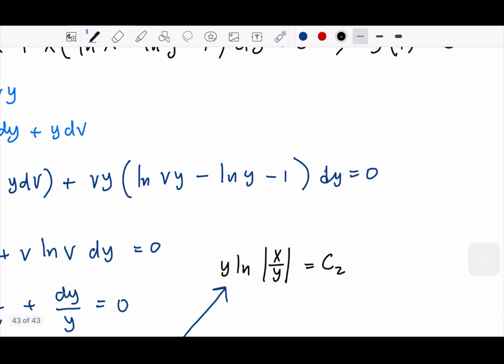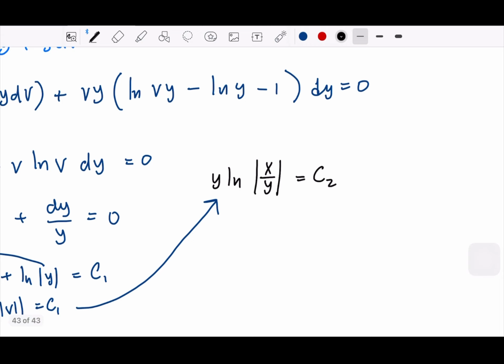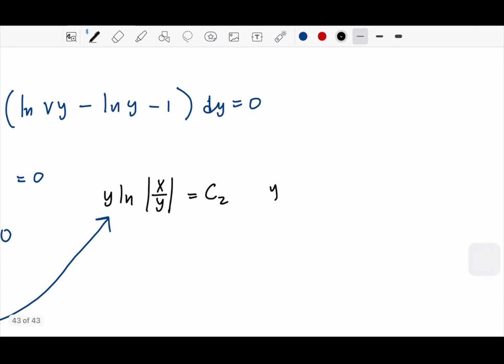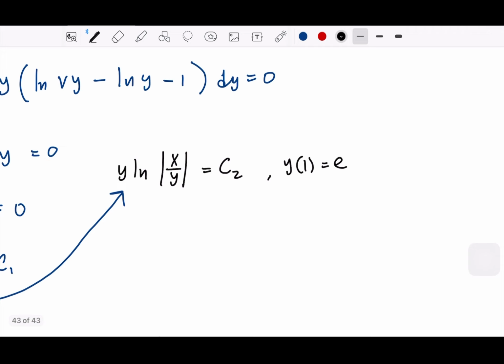Initial value is e. So we can connect this. So e ln 1 over e.